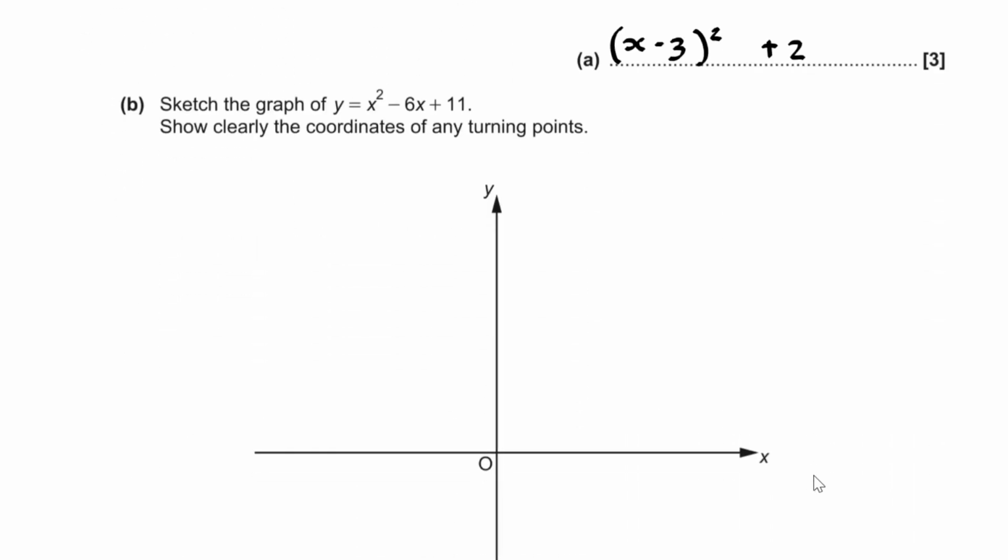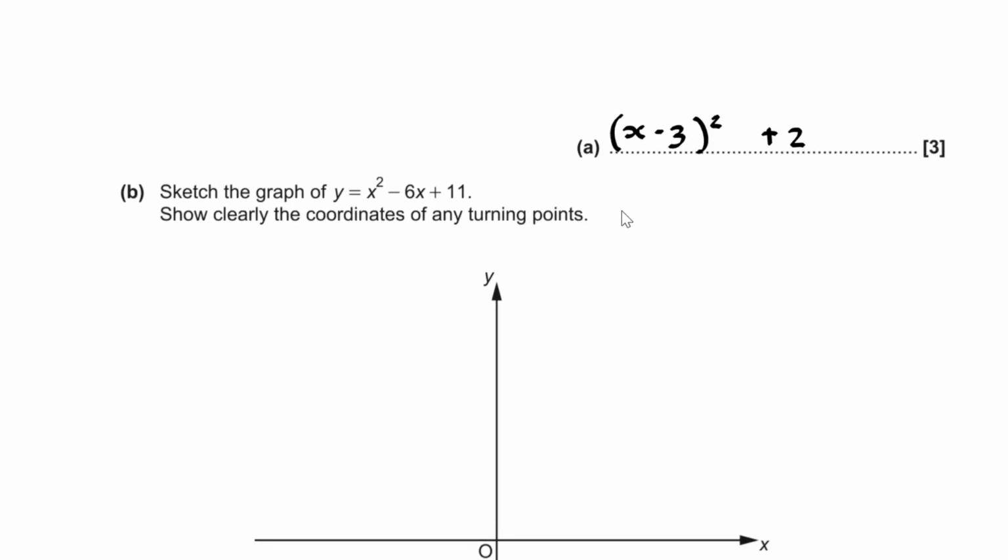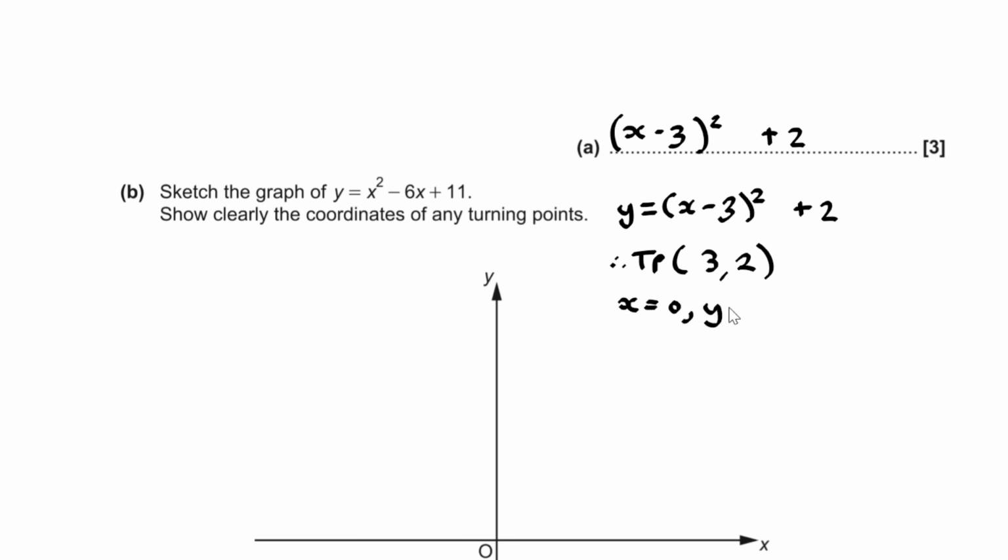And now for part B, we have to sketch this graph showing any turning point. Well, first of all, from here, you can see that y equals x minus 3 all squared plus 2. The coordinates of the turning point will be 3, 2. And when x is 0, y is equal to 11.